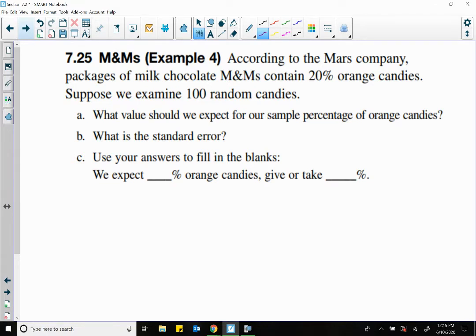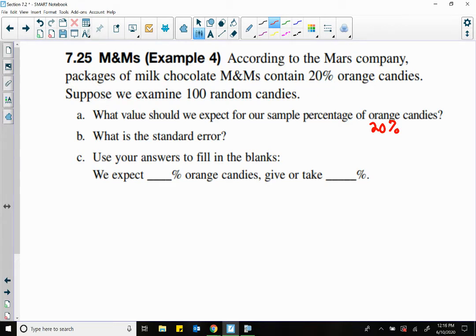So, according to the Mars Company, packages of milk chocolate M&Ms contain 20% orange candy. Suppose we examine 100 random candies. What value should we expect our sample percentage of orange candies to be? Well, hopefully on this one you said 20%. This is the population proportion.